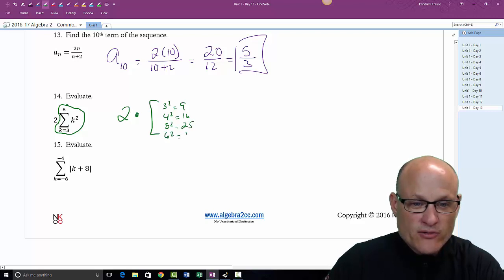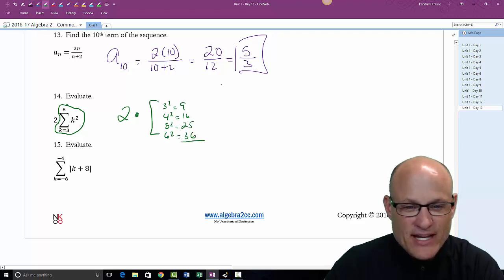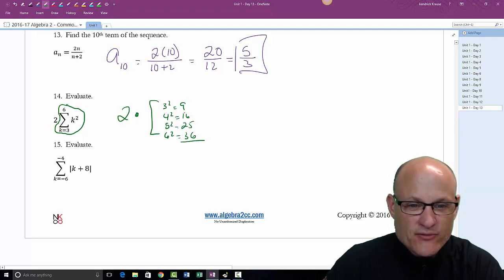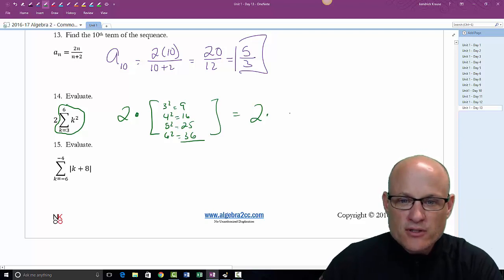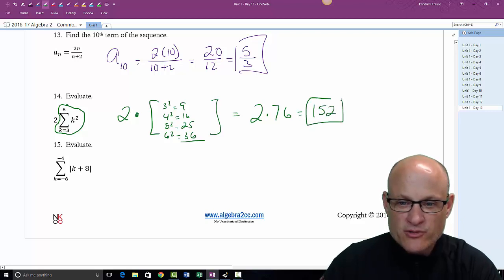And 6 squared is 36. Let's see if I add all this up. This is 15 and 25 is 40, 76. So this becomes 2 times 76. It's 152. Let me check my work.